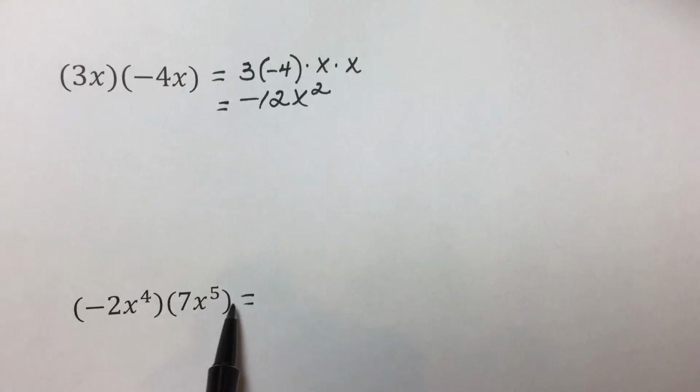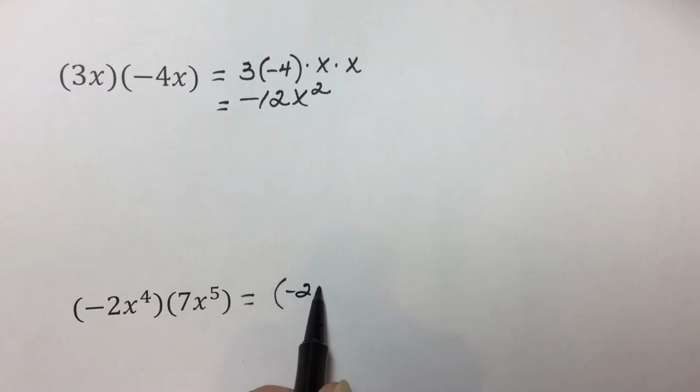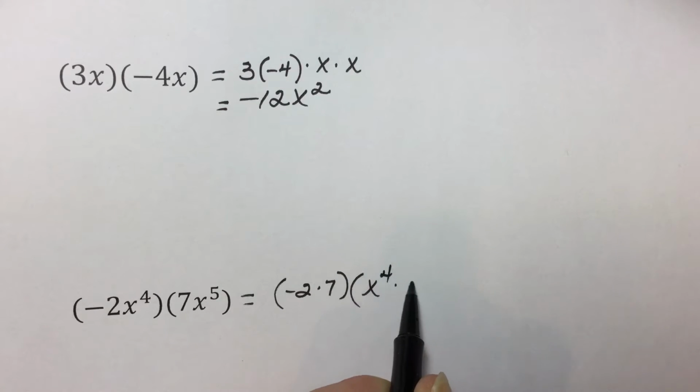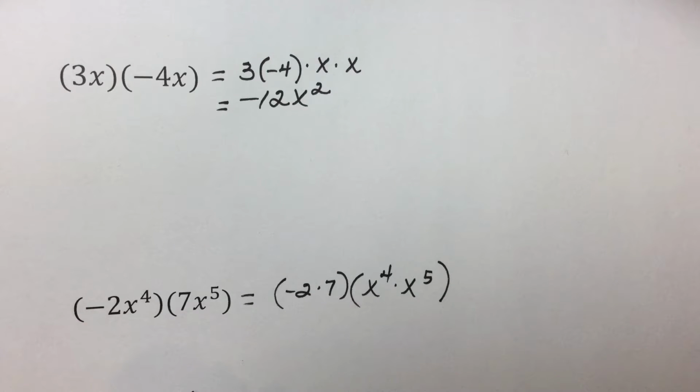We will multiply the coefficients together, negative 2 times 7, and the variables together, recognizing that the associative property allows us to do that.